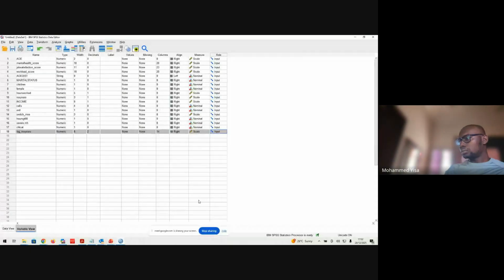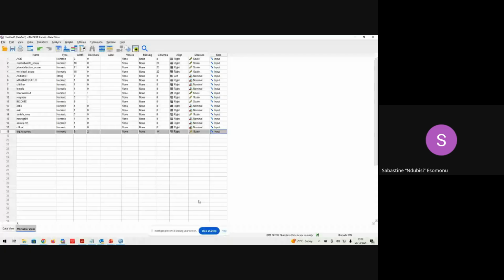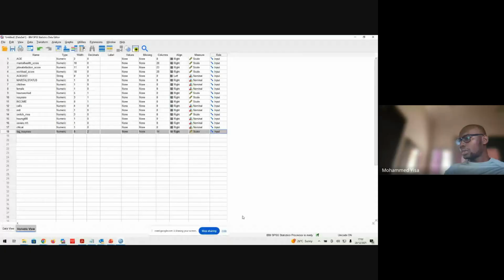Can you see SPSS now? I'm only seeing your picture. I think it's actually the speed of your connection. My picture showed up a second before the screen showed up, because I'm using 2 devices and I can see the SPSS screen on the other device. It's okay. All right.